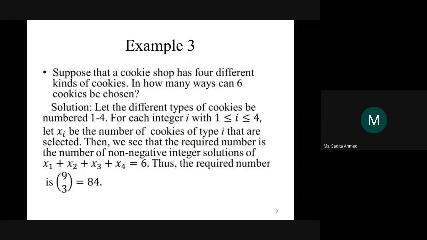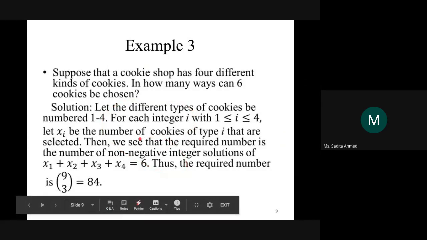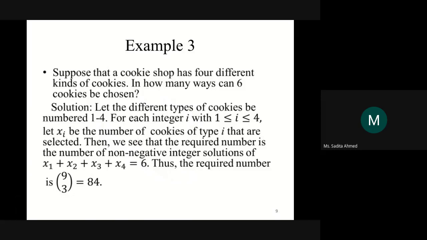So let's say here in the cookie problem, similar to this, let's say I told you that you have to return 100 taka value, all right? And you have with you only 1 taka coins, 2 taka coins, and 5 taka coins.